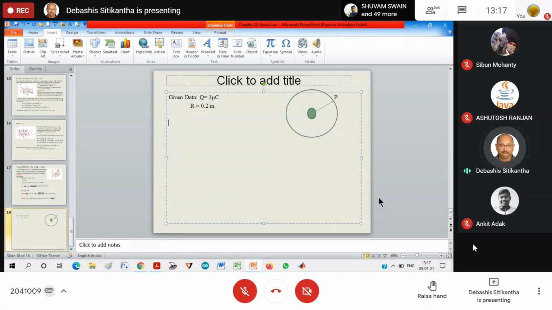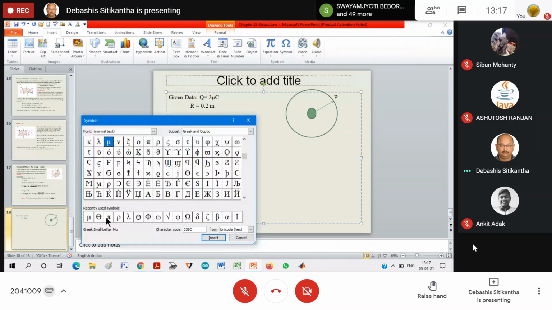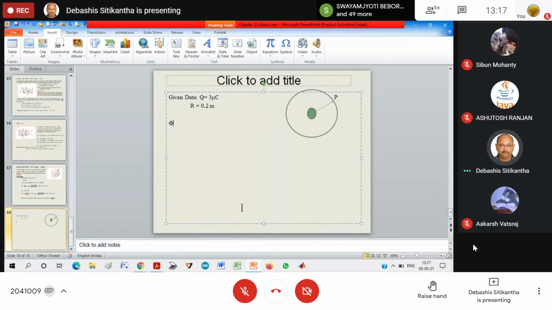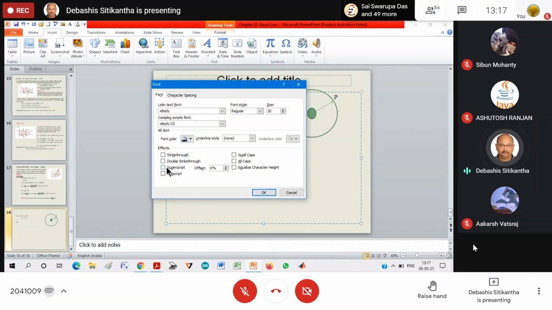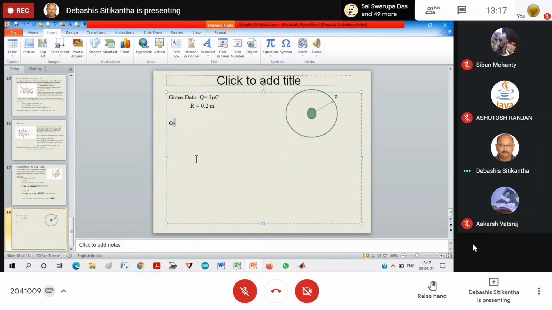Okay. What is the electric flux? So how I am going to do it? Q by epsilon naught. Okay, that's correct. So your electric flux phi E is equal to Q enclosed.